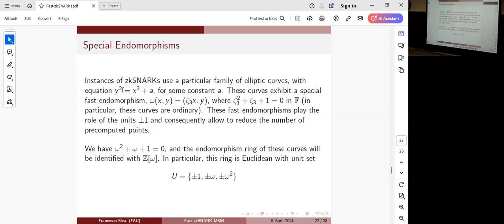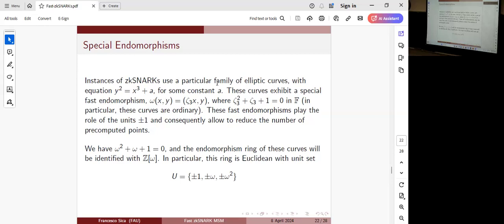So if you replace these points in here, you see this is still on the curve because zeta 3 cube is just 1 and y doesn't change. Okay, so if xy satisfies this equation, then this point also satisfies this equation. And now this map here has very special properties. It's an endomorphism of the group.